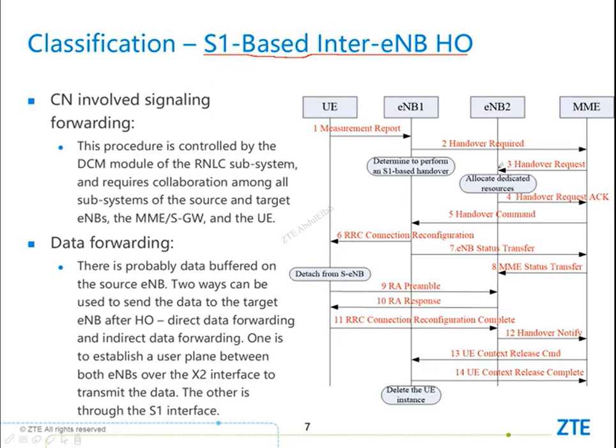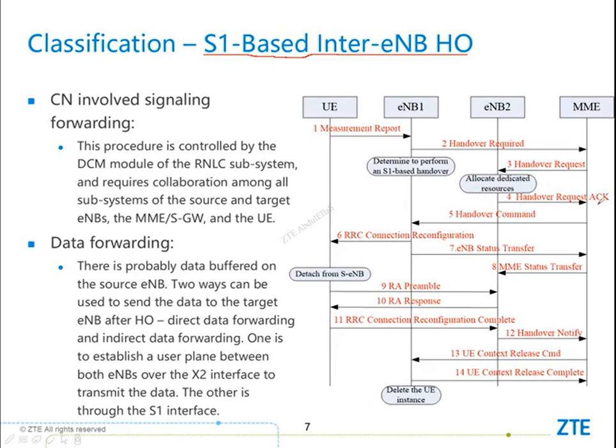Okay, so in step number 3, the MME will send handover request to the eNodeB 2. The same, if the eNodeB 2 receives the handover request, the eNodeB 2 will allocate the dedicated resource to this UE. After the resource is allocated, the eNodeB 2 will feed back the handover request acknowledgement to the MME.